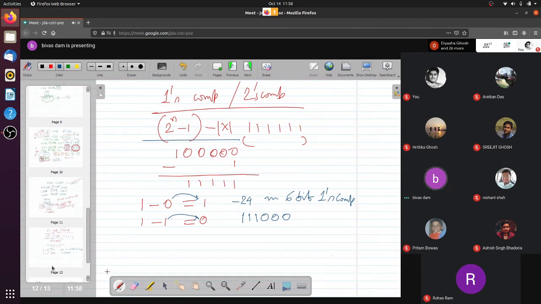So here in the 6-bit ones complement scheme, the width of the number string is 6 bits. First assume that the given number is positive. That means you are not given minus 24, you are given plus 24. Find out the sign magnitude representation of plus 24 in the 6-bit scheme.